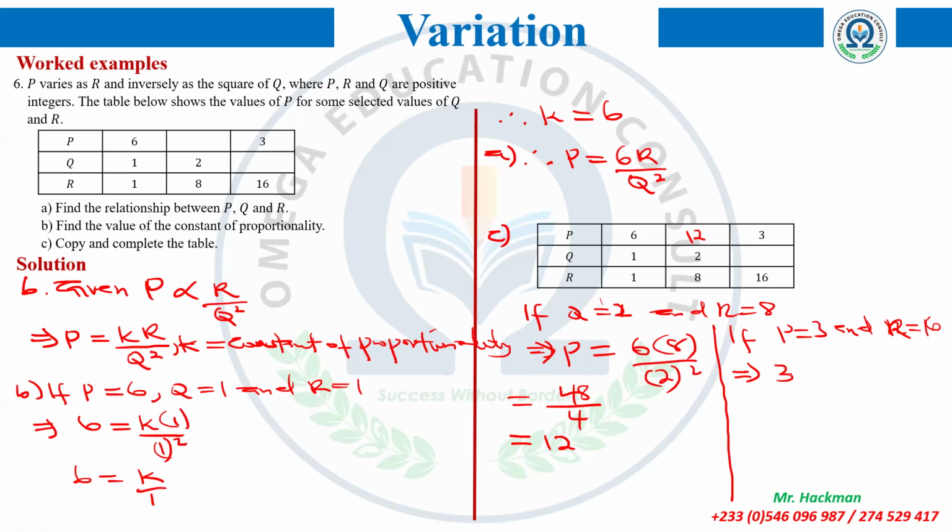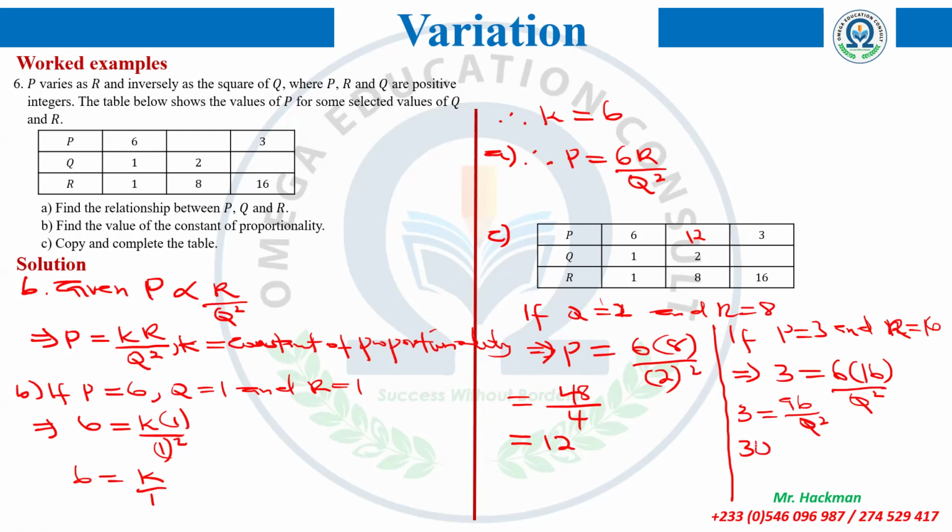So I will get 3 is equal to 6 into R. So 6, your R is 16, all over your Q squared. So that in effect will give us 3 is equal to 96. Okay, so we cross multiply.